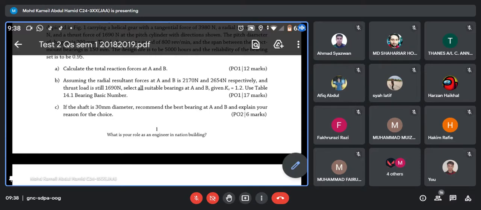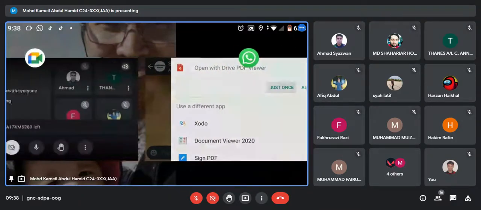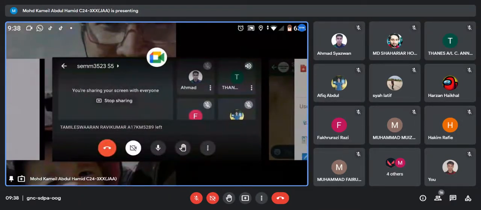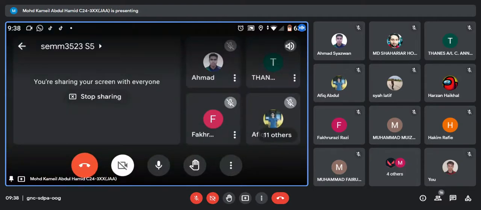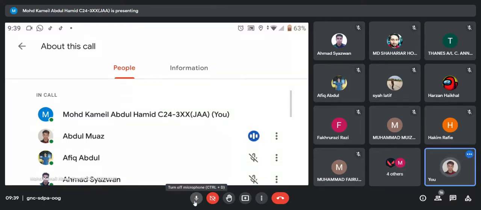Nisha dapat tak Nisha? Apa lagi ada? Saya dah terkeluar agak ni. Abdul Muaz dapat tak? Abdul Muaz dapat apa? Yang untuk bearing B berapa?